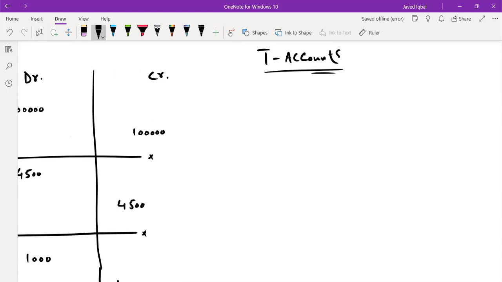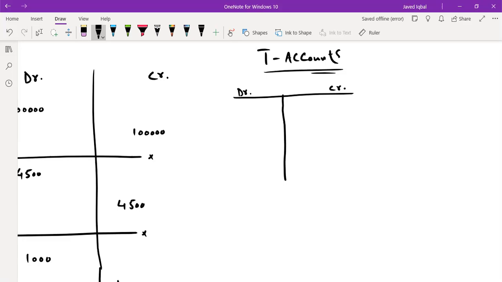We don't provide many details, but if we do, then it becomes the ledger account. It is called a T account since it looks like a T. Left side is basically debit and right side is credit.